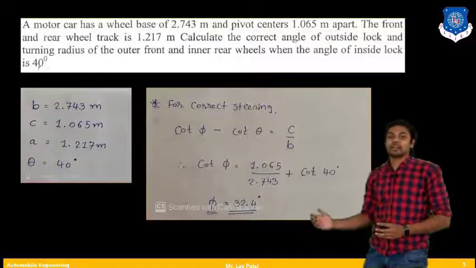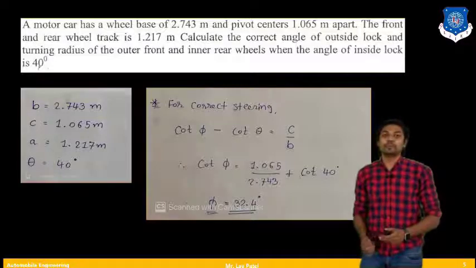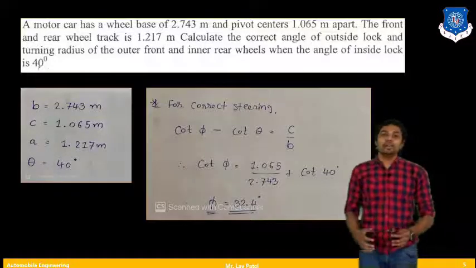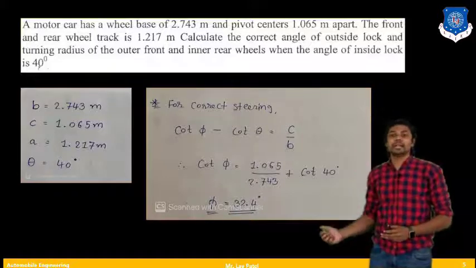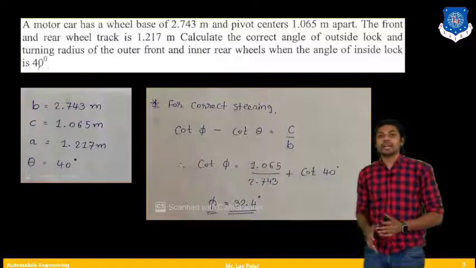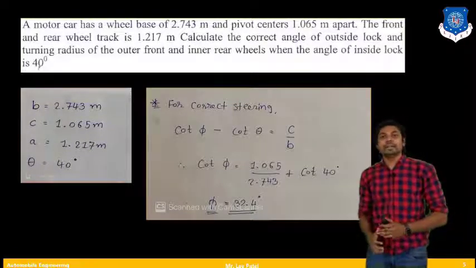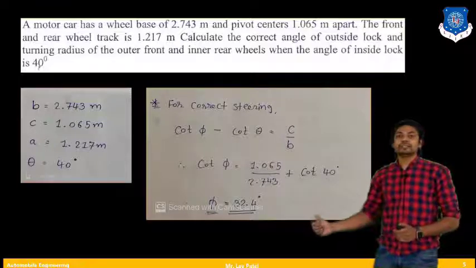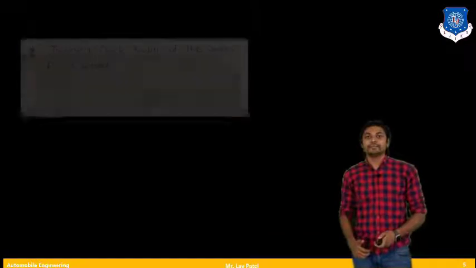Based on this we can find the phi angle, which is 32.4 degrees. So according to the geometry, if the inner wheel's angle is 40 degrees, my outer wheel angle should be 32.4 degrees, which is smaller.